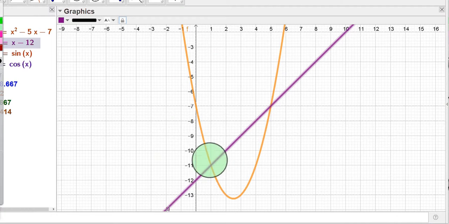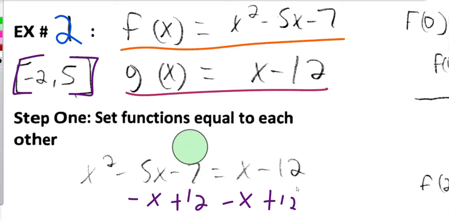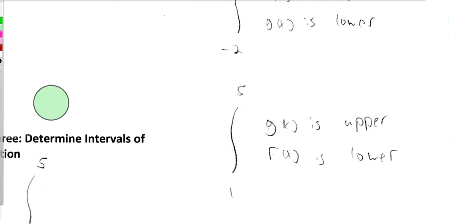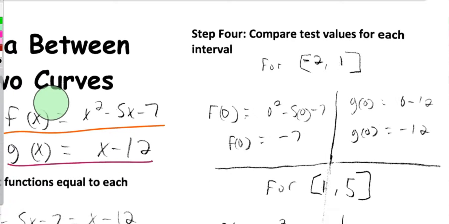And then at x equals 1, they cross, and g of x becomes above f of x. And then we can see that they cross each other again at our rightmost boundary. So basically, we're finding this area right here, and then this big area right here. We're going to add them up. So that means we need two different definite integrals. All right, so that just gives you an idea of what each of those integrals looks like.